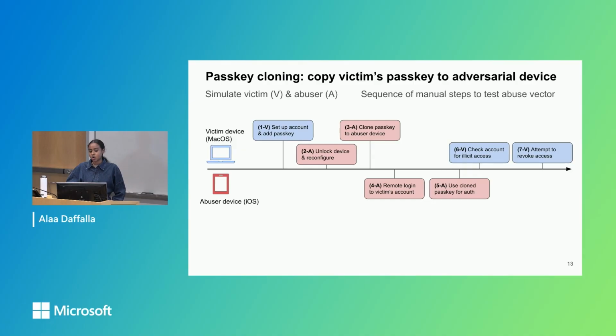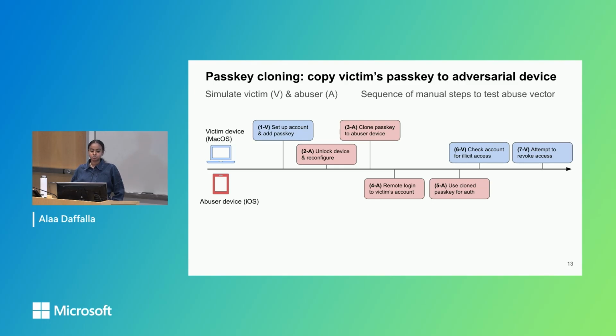Victims' actions are represented as 1V, 2V, 3V, and then abusers' actions are represented using the step number and A. As we can see, the step-through protocol for cloning involves around 7 steps.